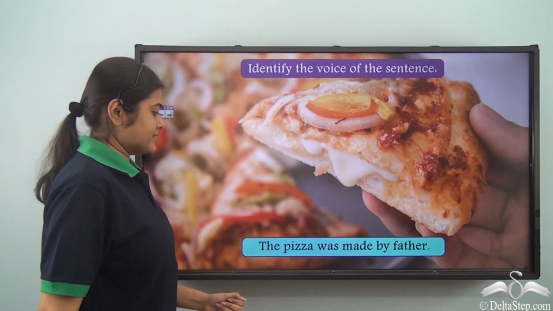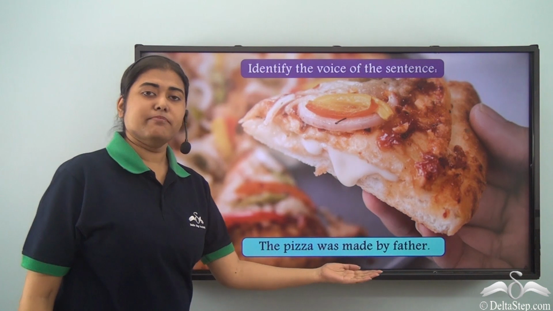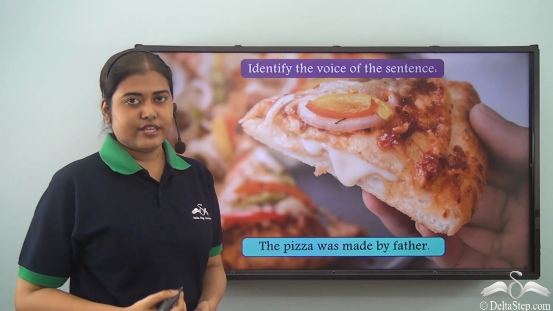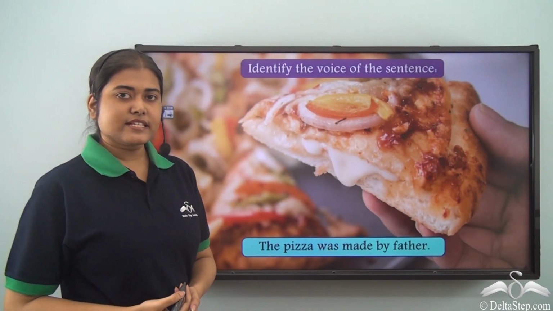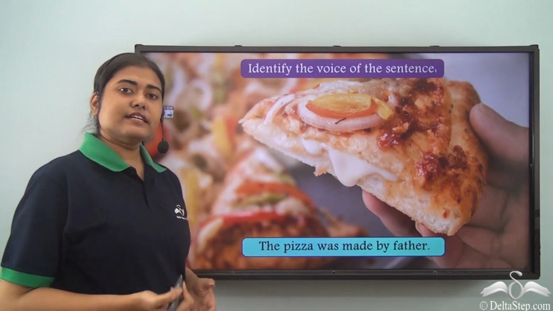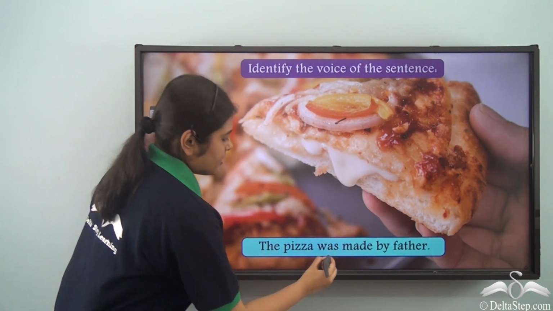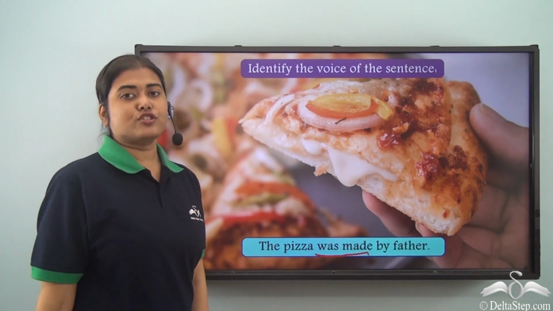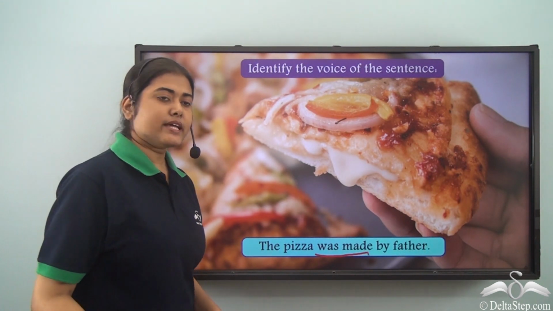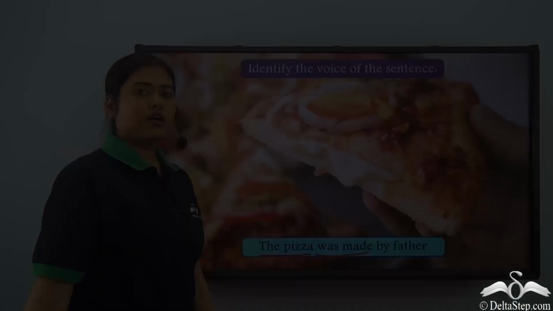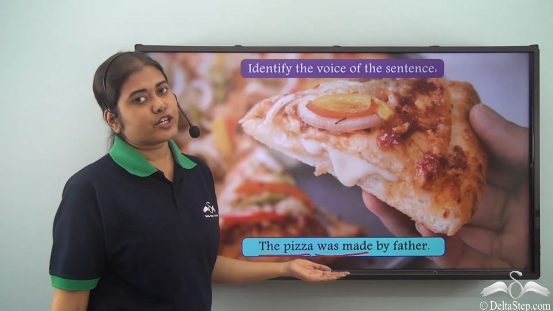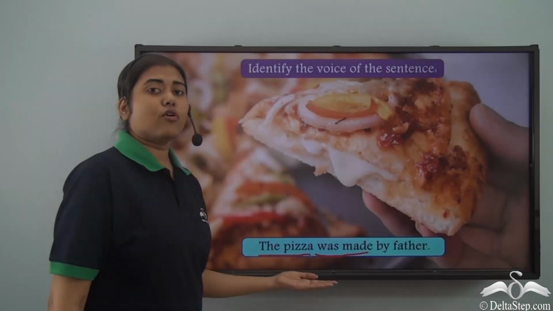Now look at this sentence. The pizza was made by father. So in this case, what is the voice of the sentence? Well, first let us identify the verb. The verb is was made. Now what was made? The pizza. So the pizza is the subject of this sentence. So was made.